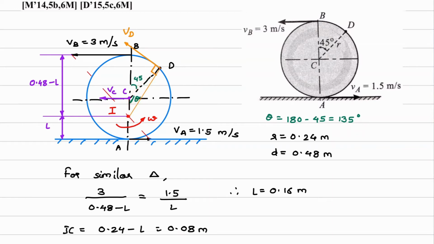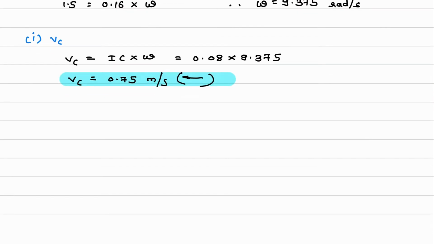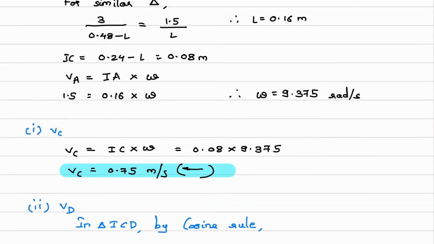Next, consider the triangle ICD by cosine rule. So I'll write down, this is for calculation of VD. In triangle ICD, by cosine rule, what can I write down?